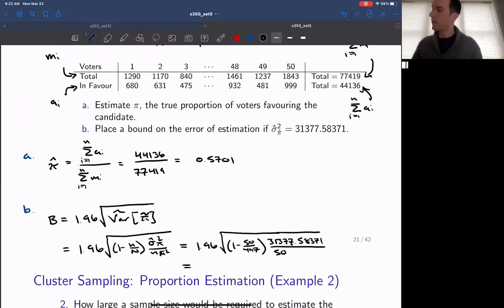Squared. Okay, and then to get this, what we should be able to do is just take the sum of the mi and divide by 50. I'm just going to check that real quick.